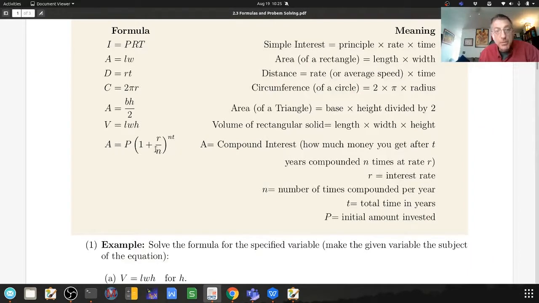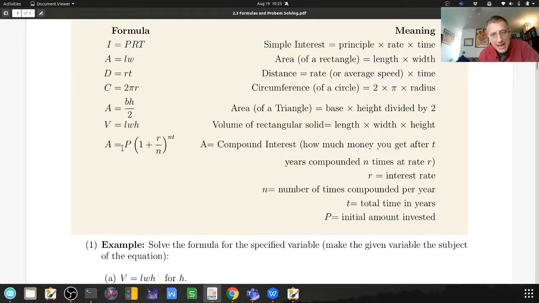And here we have a more complicated formula, and it's compound interest. So A is equal to P. A stands for how much money you get after T years, compounded N times at rate R. We'll actually derive it, or almost derive it, in college algebra next semester for hopefully many of you.